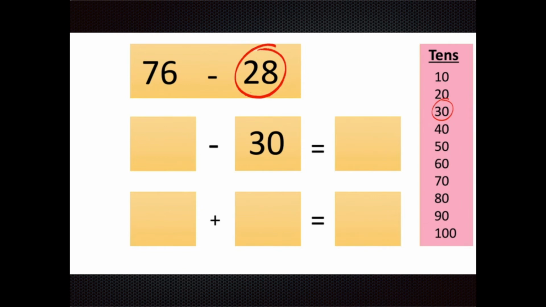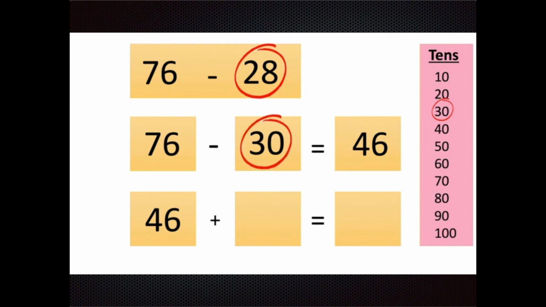Then we can also rewrite the first number once again. So now we can ask ourselves, what is 76 take away 30? This gives us 46. So now your next step is to write down the answer that you got, which is 46, in the next box. And the next important step that we can ask ourselves is, how much did we add to 28 to get to 30?